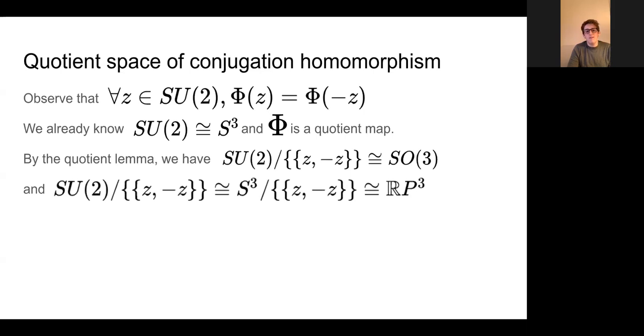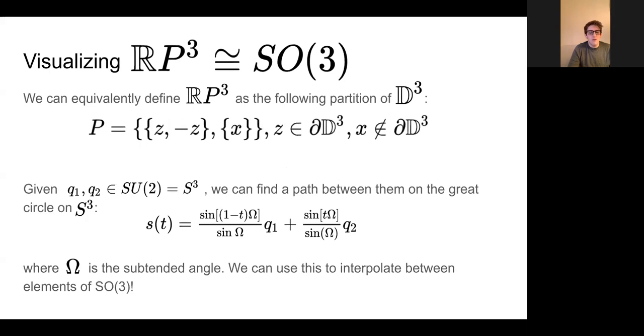And then by definition, we know that RP3 is the same as S3 with this partition of identifying antipodal points. So then by this chain of homeomorphisms, we can say that the 2 spaces SO3 and RP3 are actually equivalent homeomorphically. So we now just want to talk about some visualization and application between the two.